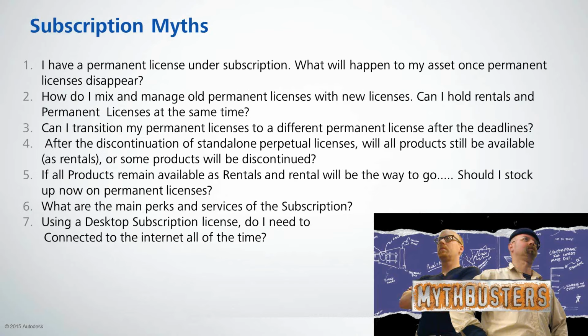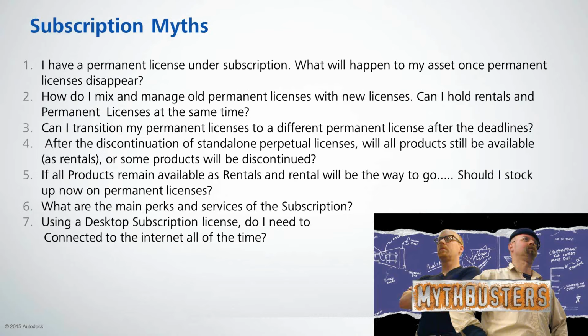Now, what you could do with that permanent license of AutoCAD 2016 is, before the July 31st date, cross-grade that to a suite. So you could take an AutoCAD permanent license and migrate that over to a building design suite, and you would have 6 months to do that after our January deadline.